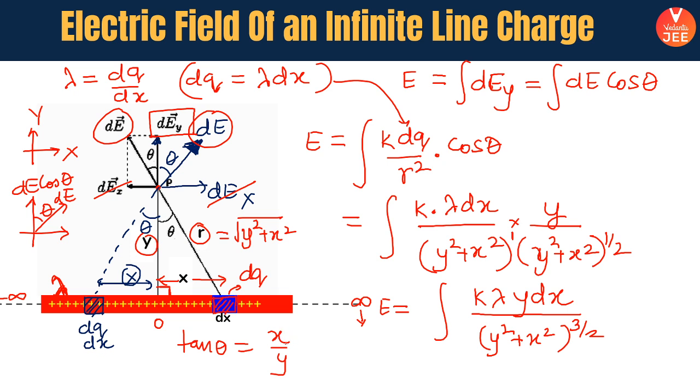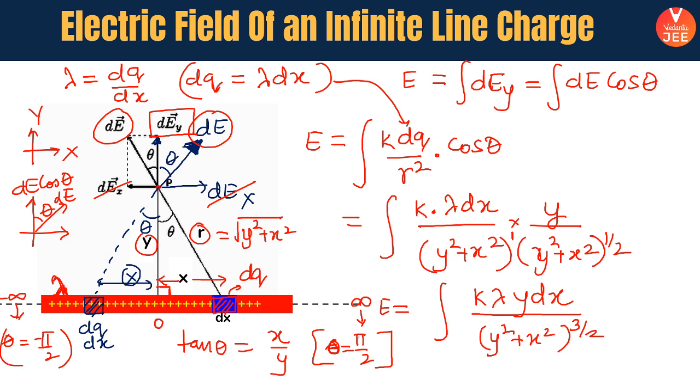If tan theta has to become infinity, then theta has to become pi by 2. So this is the upper limit here. And if x goes to minus infinity, then tan theta equals minus infinity, because x becomes minus infinity. So theta has to become minus pi by 2.